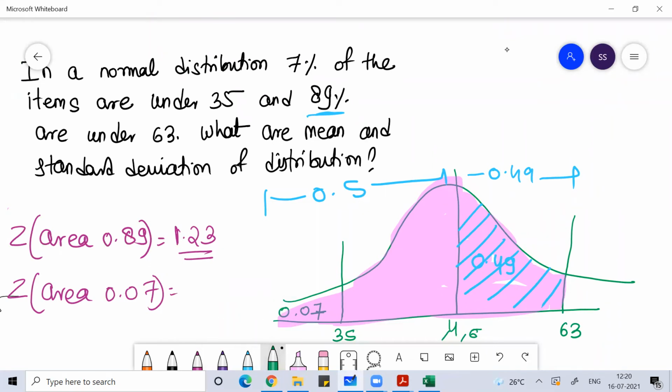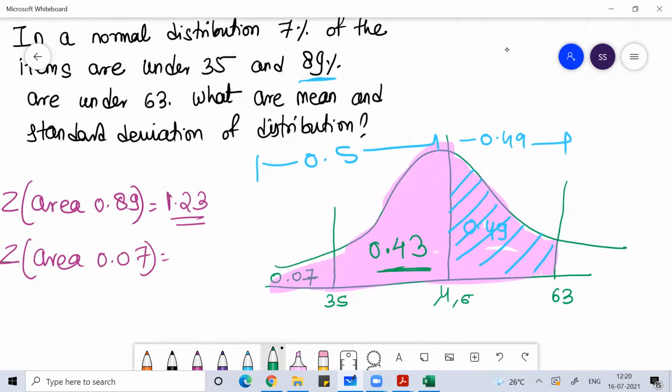In case of confusion, you see this value 0.43. Are you getting me right? This value is 0.07. Now see the value 0.43.